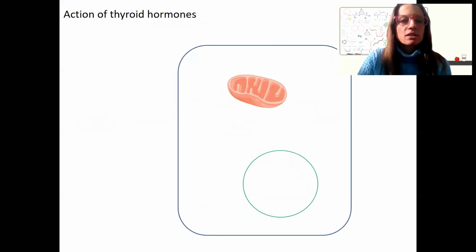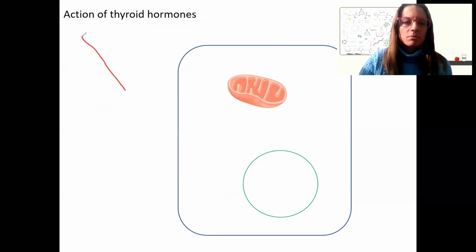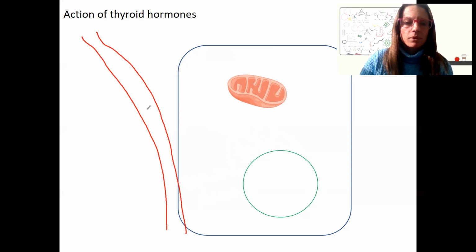Okay, so we've got thyroid hormones coming in from the bloodstream. I'm going to draw the bloodstream. They're coming by, let's say, just going by this cell. Got some thyroid hormones, let's just call it T3.